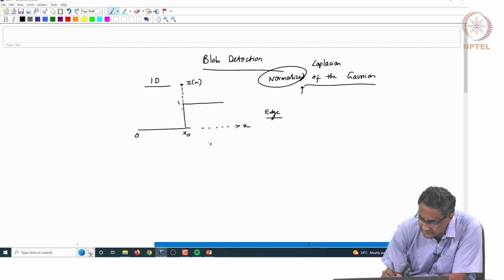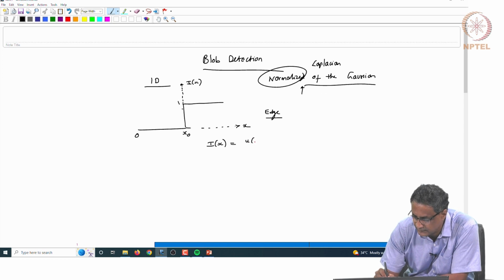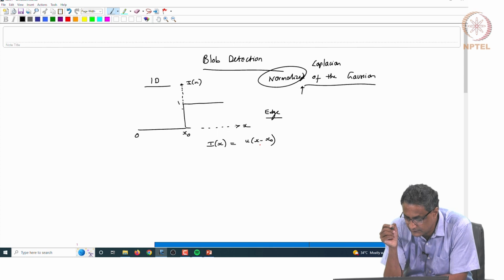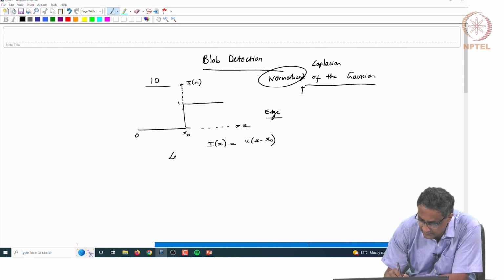So our I of x, in terms of a unit step, will be U of x minus x naught, which you all know. Now let us convolve it with a LoG filter.